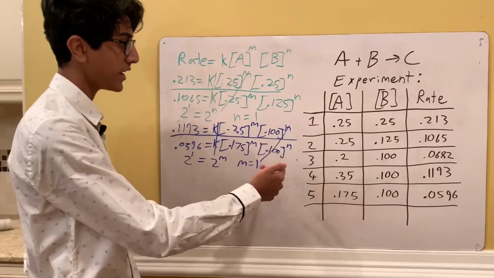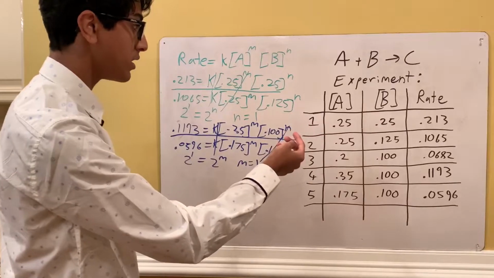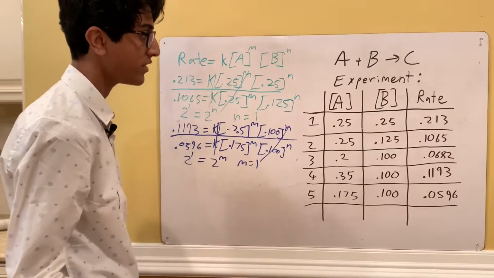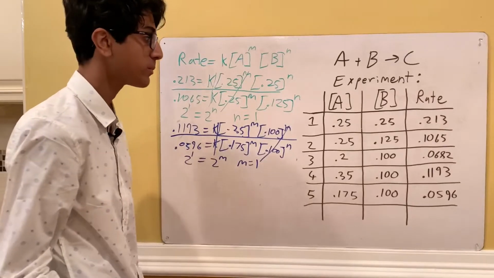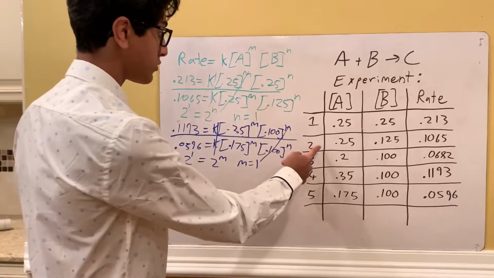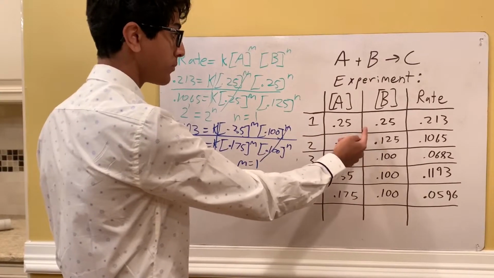So the concentration of A remains constant in trial 1 and 2. And then you look at by what factor the concentration of B is changing from one to the other. And we can see that from trial 2 to trial 1, the concentration of B is getting multiplied by 2.